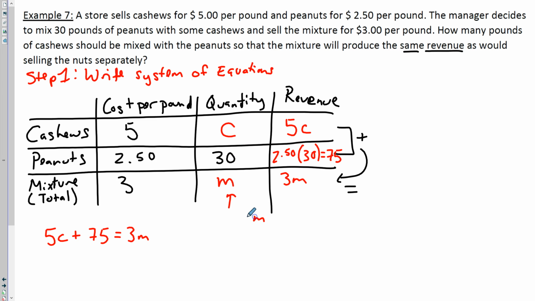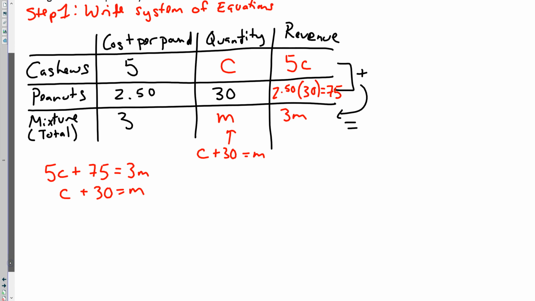So the mixture is the amount of cashews added with the 30 pounds of our peanuts. So that's where our second equation comes from, is that we do know how those quantities are going to relate to each other. So there is our system of equations.